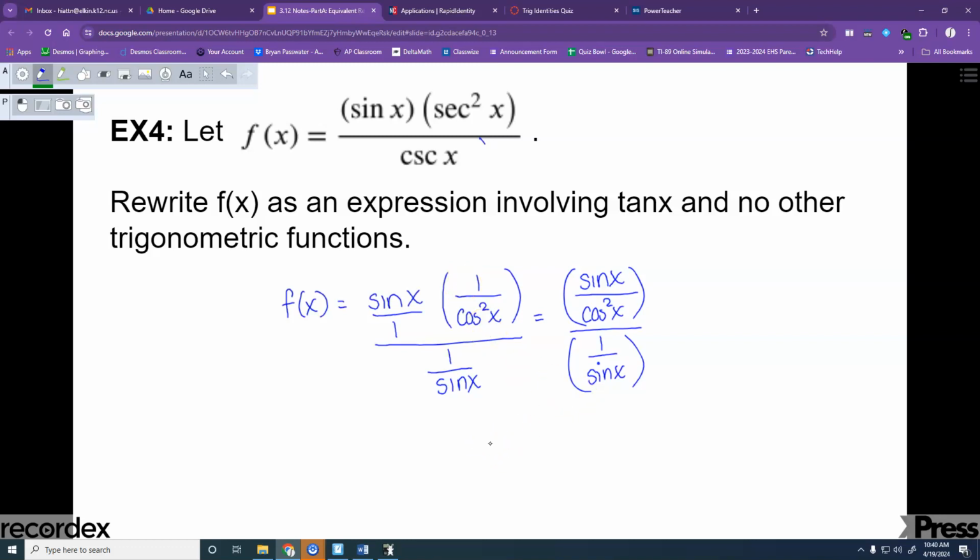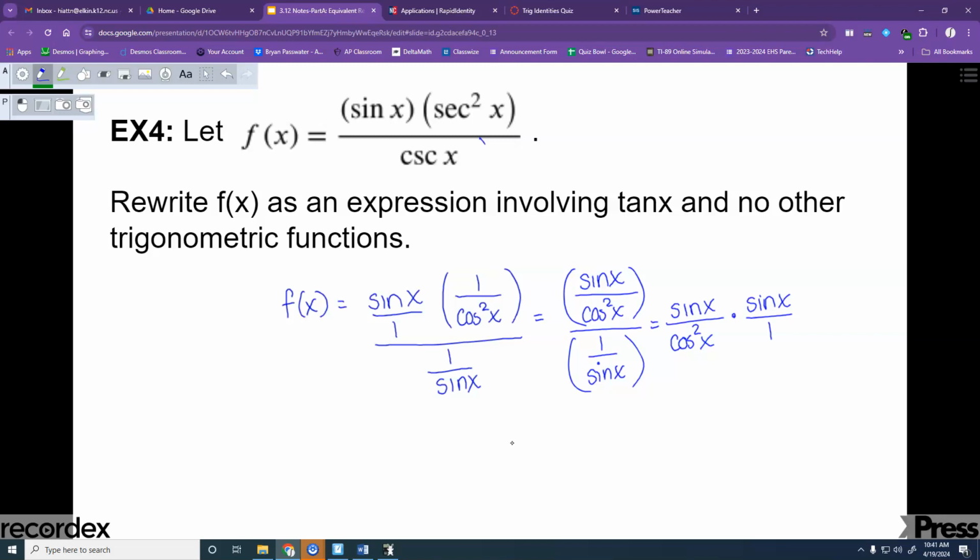Okay? What do I do with complex fractions? Dividing fractions? Flip the second and multiply. So sine x over cosine squared x times sine x over 1.